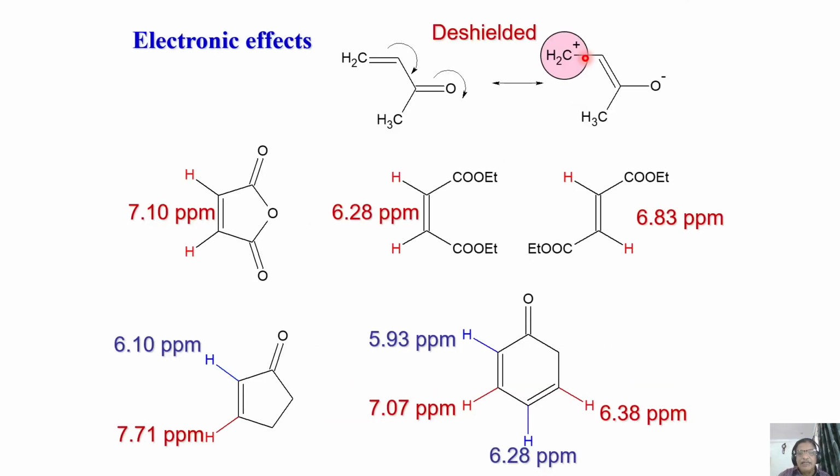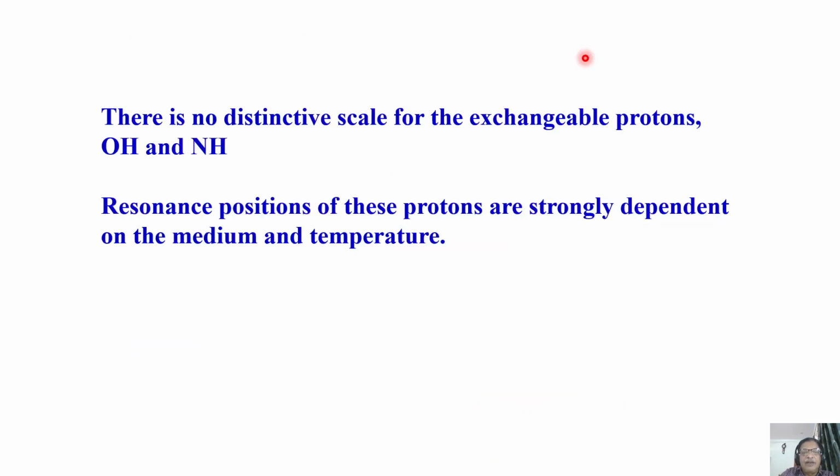Of course, the de-shielding, how it happens in the electronic effect, we saw this, and there is no point in going further. But I want to tell you one thing. In your molecule, if you come across OH and NH present, there was a scale which I gave you, different regions where you can see different functional groups. Remember, I showed you one table of chemical shift regions of interest, where each chemical shift comes from. For example, where CH3 comes, where the benzene ring comes in proton.